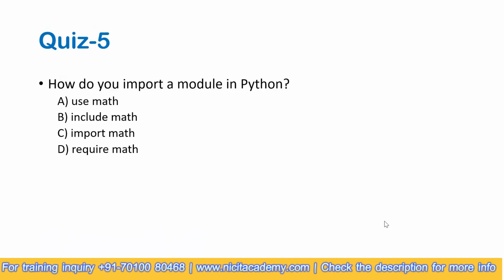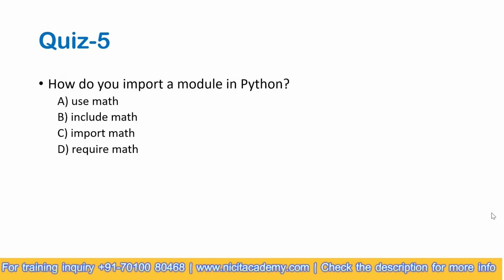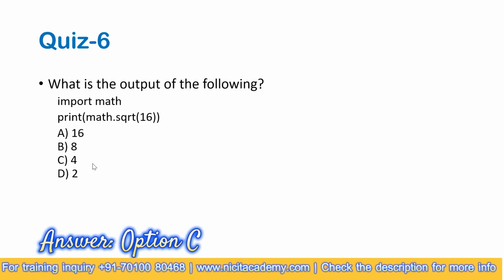How do you import a module in Python? So out of these, the way we import a module is C, import module name, which is import math. What is the output of the following? We are importing a module, then we are printing the square root of 16. So here the output will be 4. The square root of 16 is 4. So here the correct option is C.